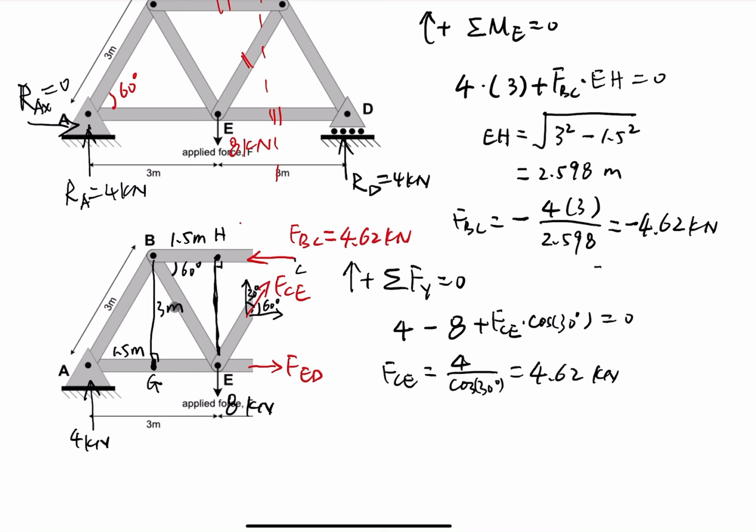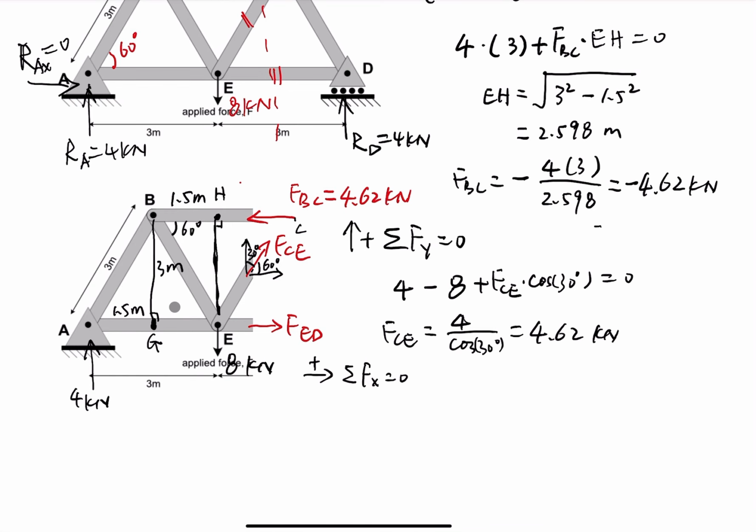We just need to write down the equation of equilibrium in the x direction. If we assume for this equation the positive direction is to the right, then we check the horizontal forces. We have FBC going to the left, so it is negative 4.62 kilonewton, and we have FED, which is positive, and then we have a component of FCE.